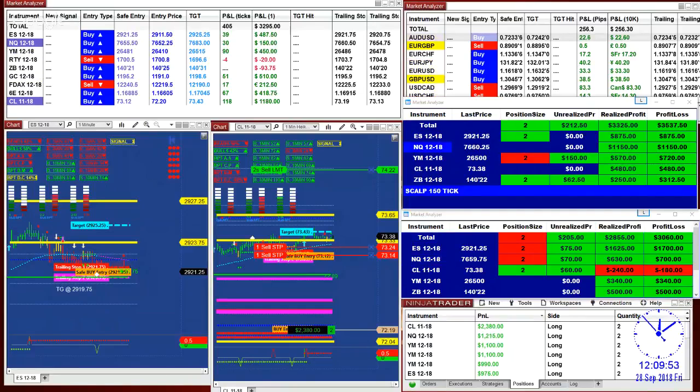Now we are coming to the ES, NASDAQ, and the YM is still a little far behind.